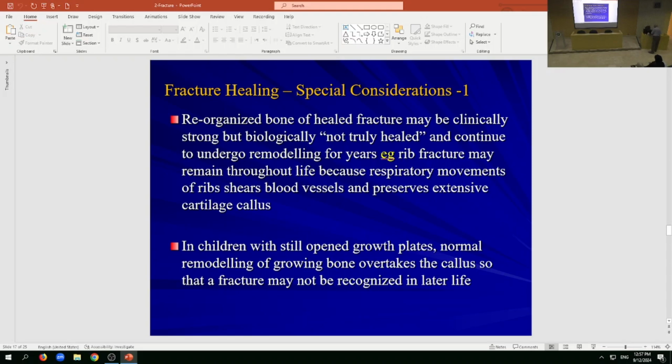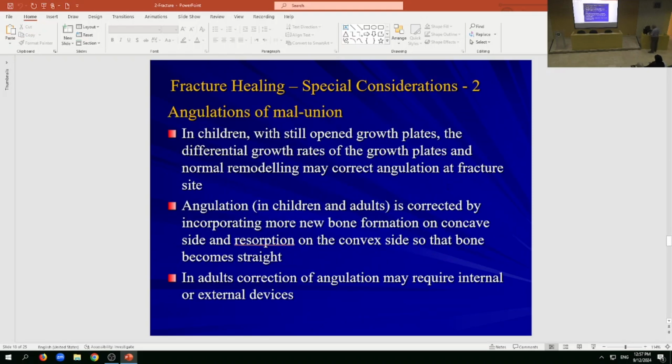Even if you have an angulation like this, and this angulation is near the epiphyseal cartilage plate, the growth of the plate will also overtake it. The third consideration I wanted to mention is that if there is an angulation like this, what would happen is that bone will form at the concave side, right?